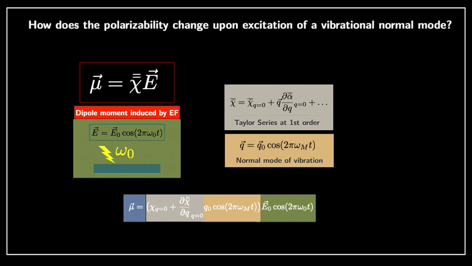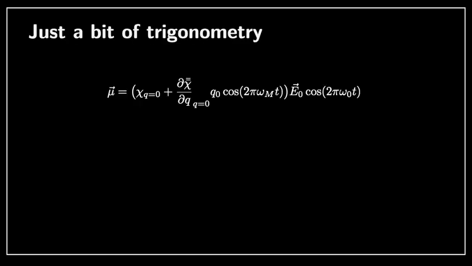So really, this is a classical approach. This is not the full quantum mechanical approach, but a classical approach that tells you how the dipole moment is changing when we have an oscillating electric field and also in the presence of a vibration in the material. So we have this equation. I'm going to reproduce it on the next slide because it's an important one. And what we need to do now is a little bit of trigonometry.